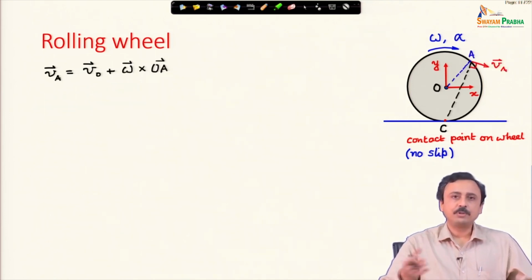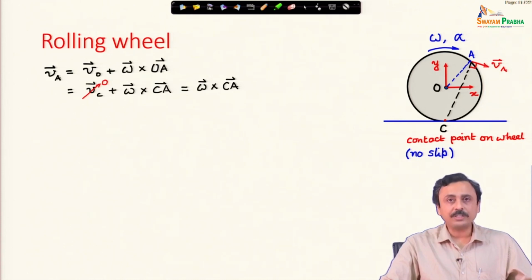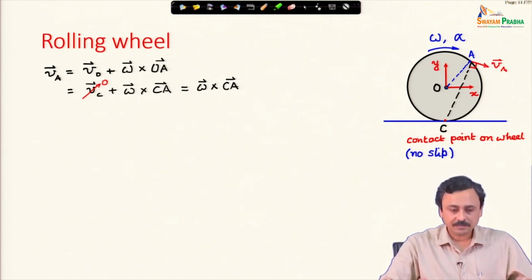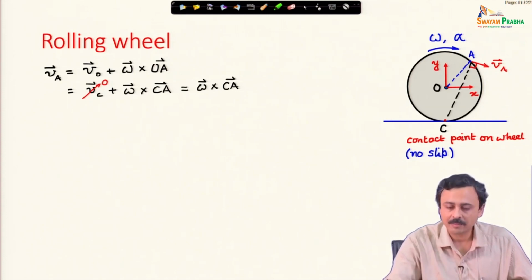Now, following this, you can extend this to study the acceleration or velocity of various other points on the wheel. For example, the velocity of A is the velocity of O, which we just derived, plus omega cross OA, and it can also be written in terms of the velocity of point C, velocity of C plus omega cross CA.